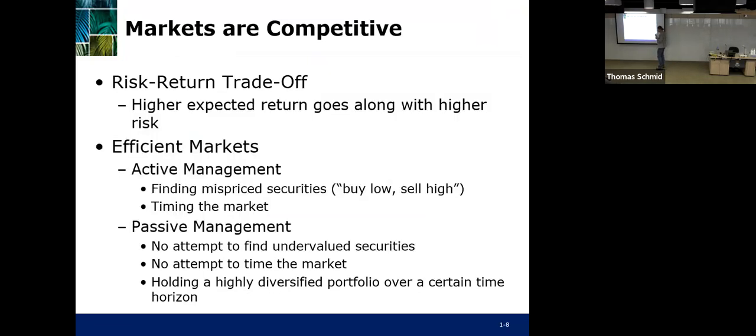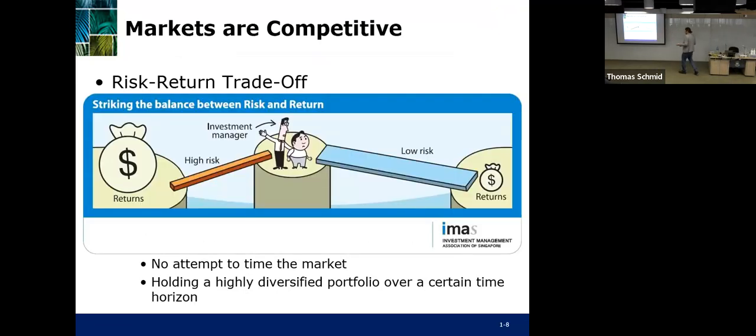I mean, of course, there's always a risk-return trade-off. So if you choose securities, we should always be aware and keep in mind that higher expected return always goes along with higher risk in markets that are somewhat efficient. Virtually all modern markets are somewhat efficient, so you can safely assume that this picture holds.